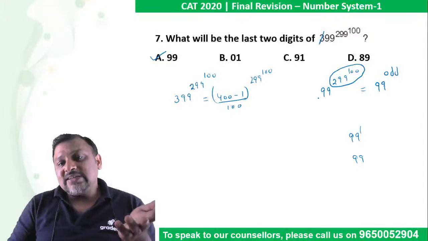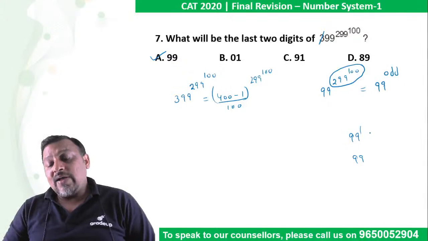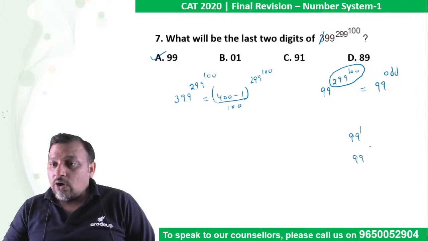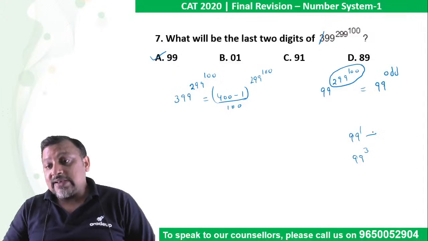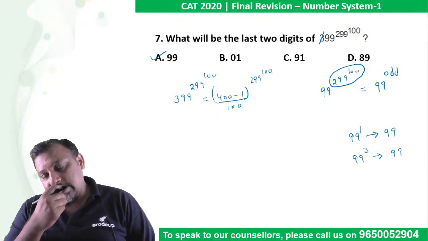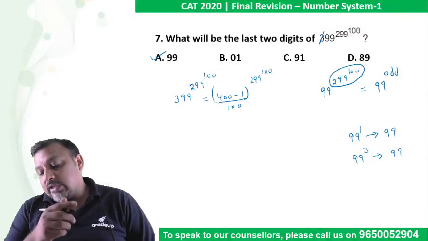Or since it is a case of 99, I don't need to do that. If I know that 99 raised to an odd power will always end with 99, I don't need to do this any further. You can check 99 raised to the power 1, 99 cube. So 99 to any odd power is always 99.